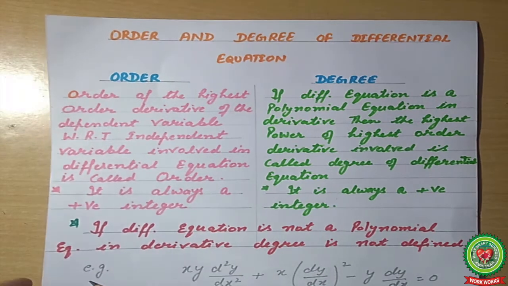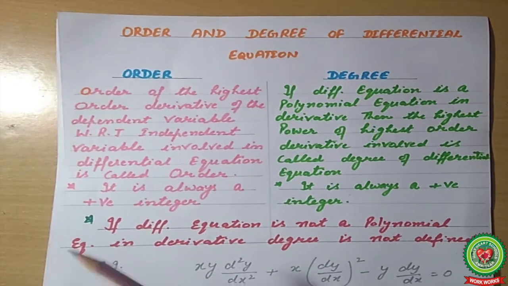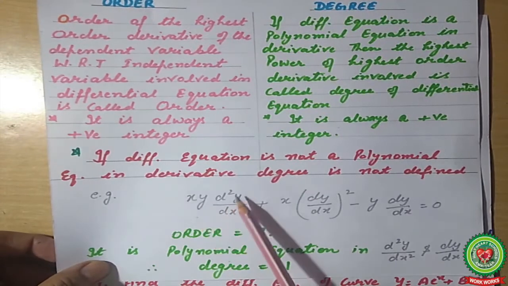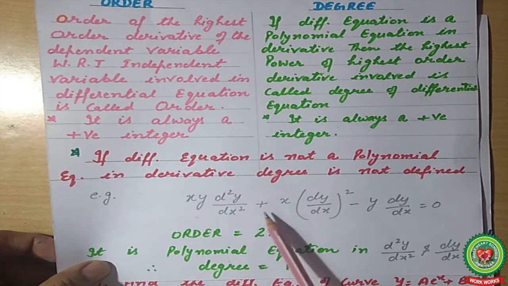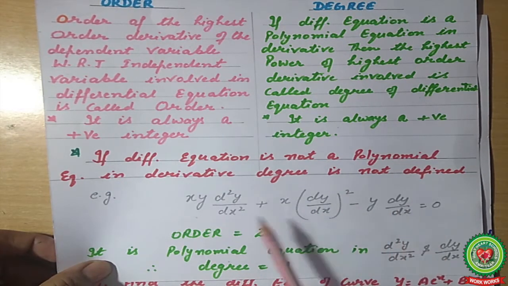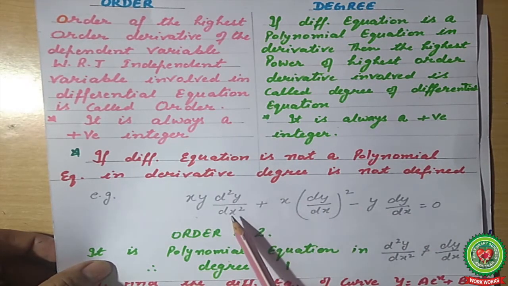Now, I am taking one or two examples. For example, I have one differential equation: xy d square y upon dx square plus x (dy upon dx) whole square minus y dy upon dx. Now here the differentiation is dy upon dx with respect to x.